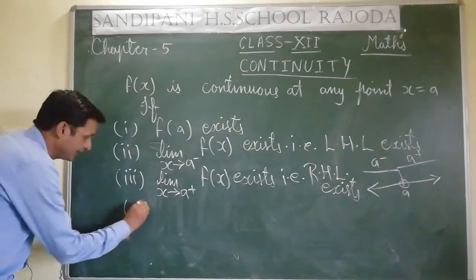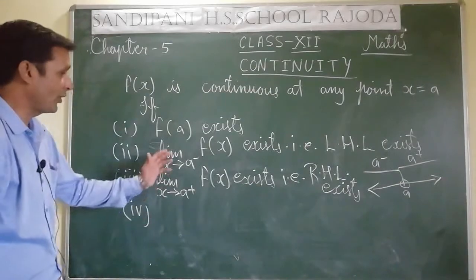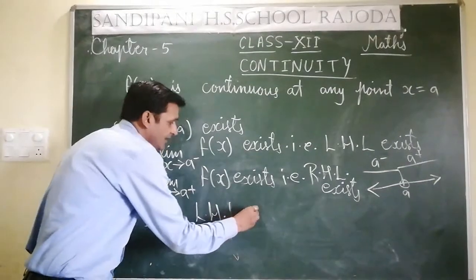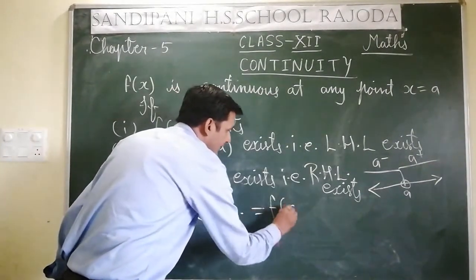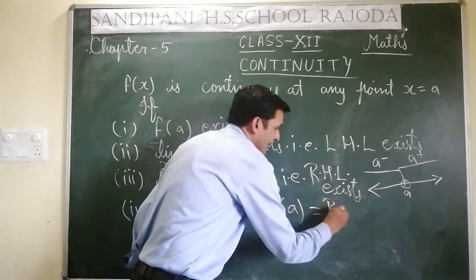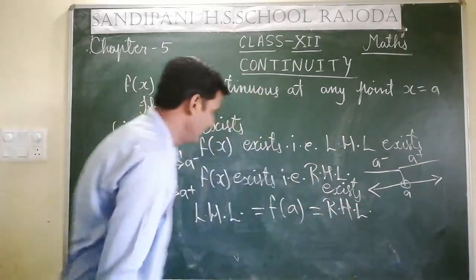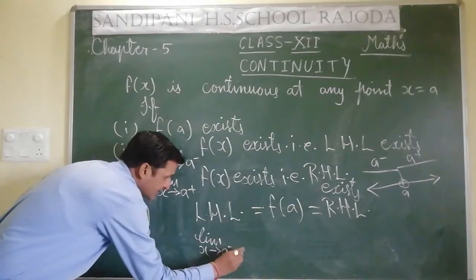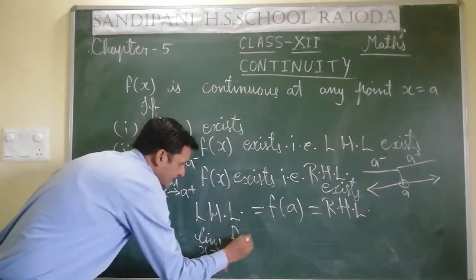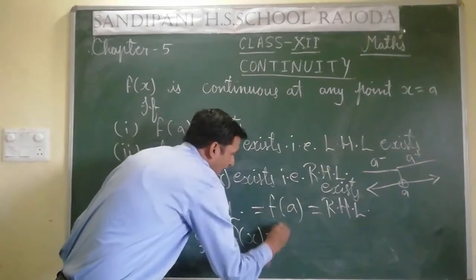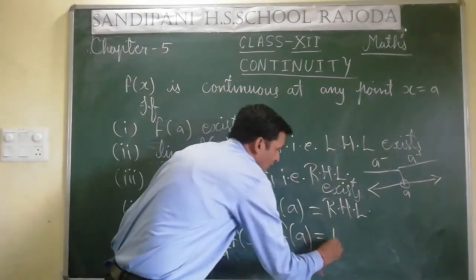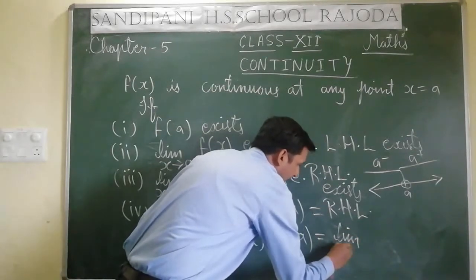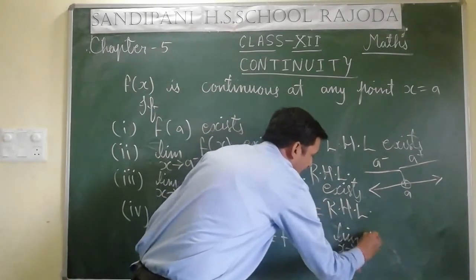Now fourth point, which is most important, that LHL is equal to f of a is equal to RHL, or we may write it in this manner, limit x tends to a minus f of x is equal to f of a is equal to RHL, means limit x tends to a plus f of x.